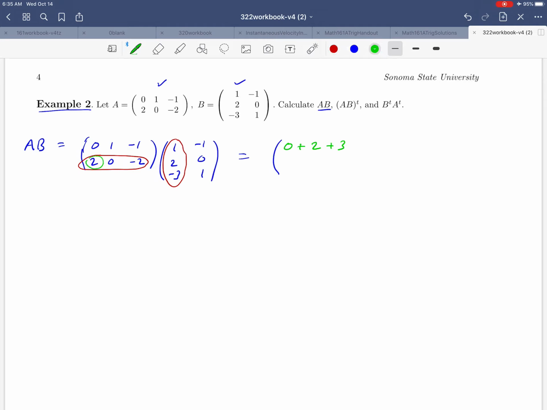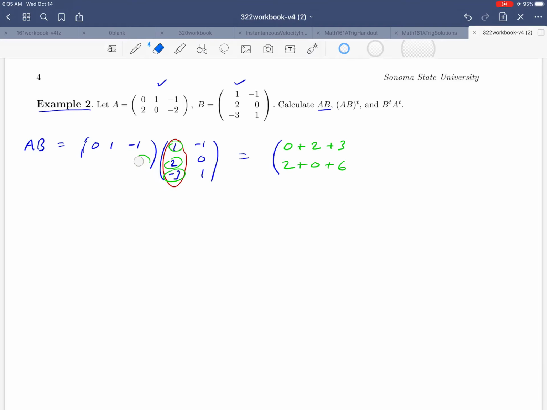So 2 times 1 is 2, 0 times 2 is 0, and negative 2 times negative 3 is 6. Notice that gives us the entry in the second row and the first column of our product matrix. And we keep doing this.